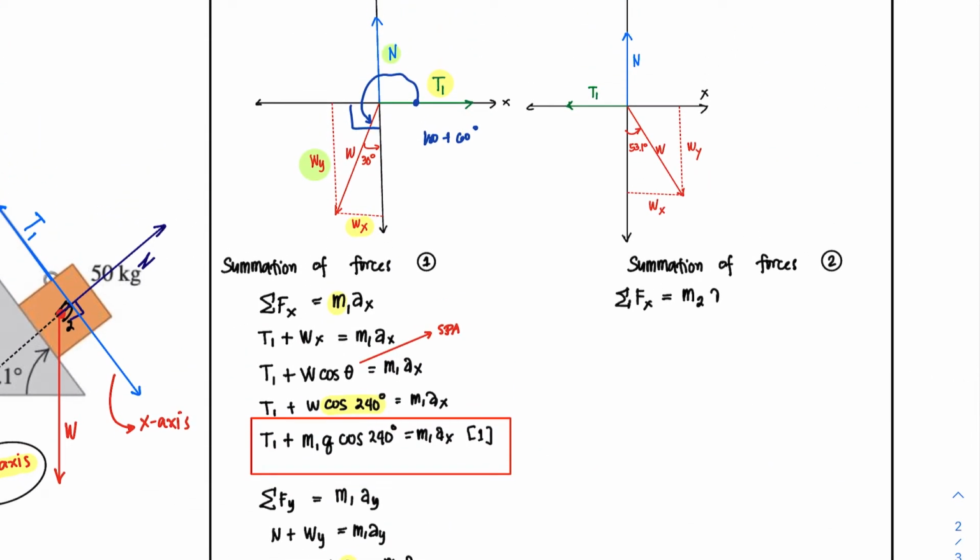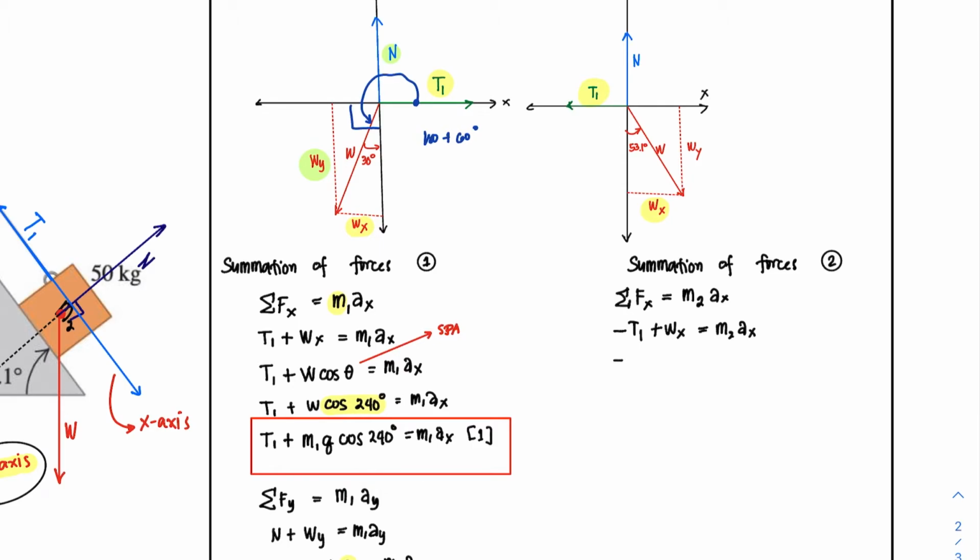Now, what are the forces that you can see along the x-axis? You are seeing T1, it's moving towards the left, so that will be negative T1. What are the other forces? You are also seeing Wx. So plus Wx. That is equal to, by the way, there are no other forces along x, m2 ax.